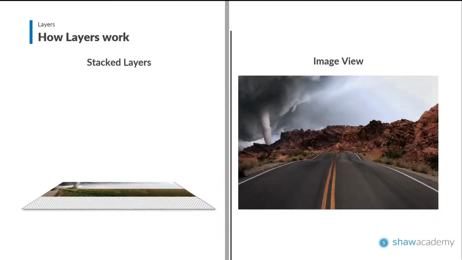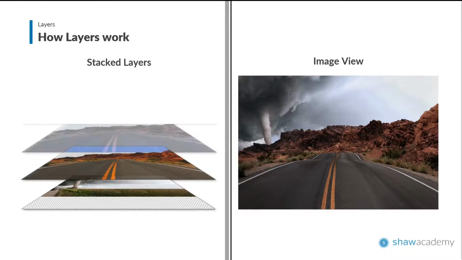How layers work is that basically we would have different layers all stacked together. So here is a side view, I suppose, of what's going on. We have our bottom image here with the tornado in the background. Then we've got this image of a road that we've set on top of it. We've removed the sky from it to reveal the layer below.